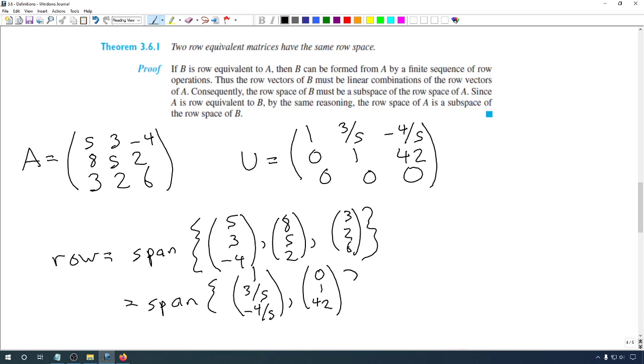We don't have to include the row of all zeros because that's not going to contribute anything to any linear combinations anyways. So in fact, the row space of A is spanned by only 2 vectors.